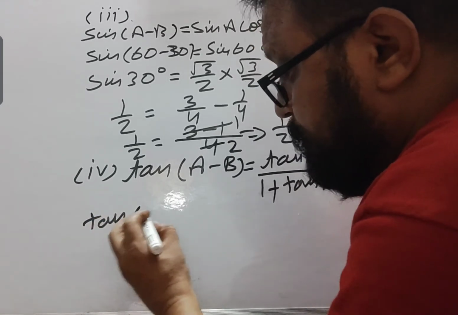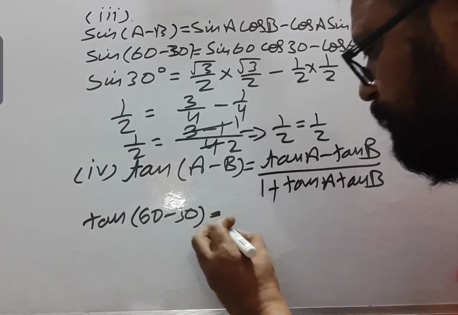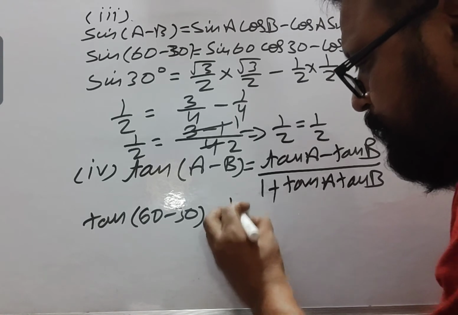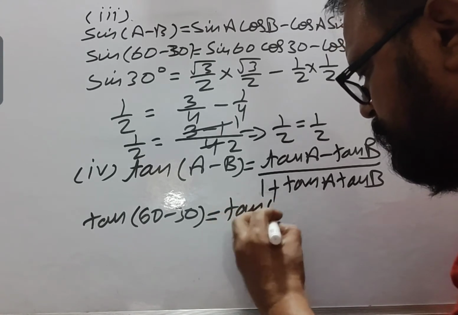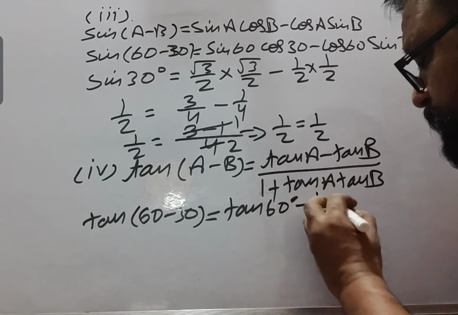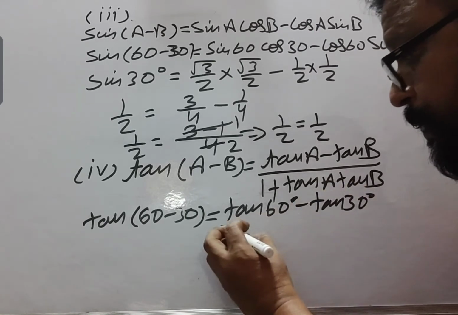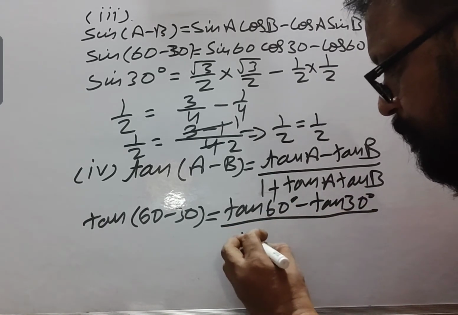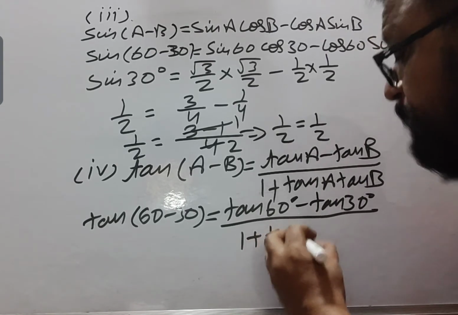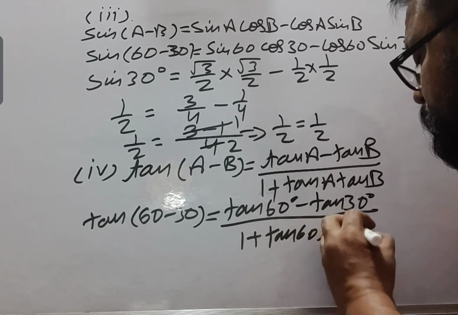So tan(60 - 30) is equal to tan 60 minus tan 30 upon 1 plus tan 60 into tan 30.